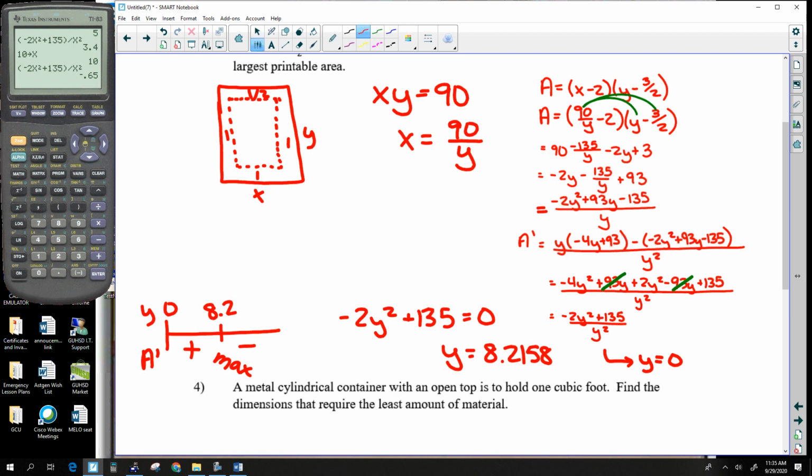Right, so my y is equal to 8.2158, which is the square root of 135 over 2. And then x is, so 90 divided by that is x.